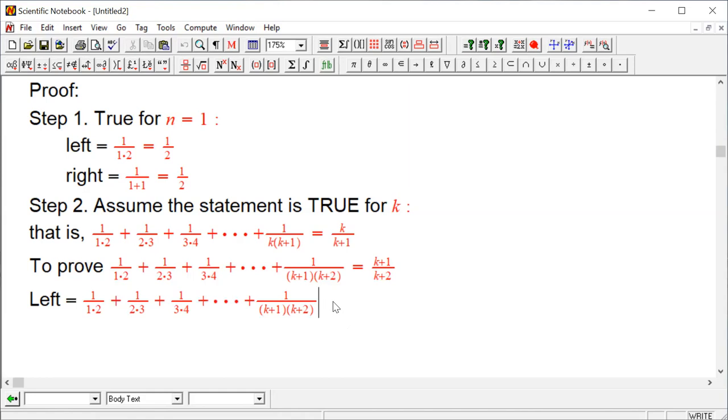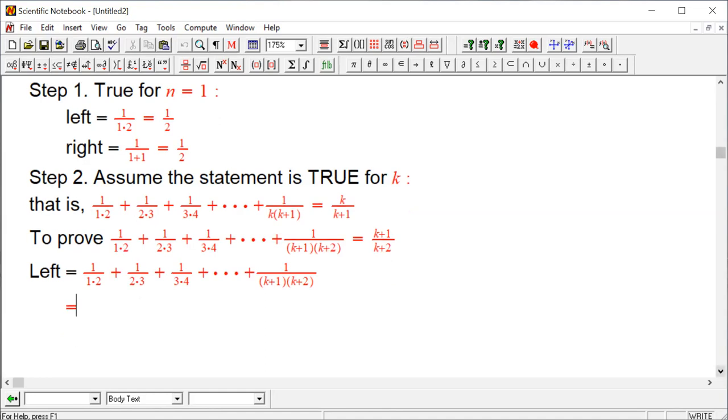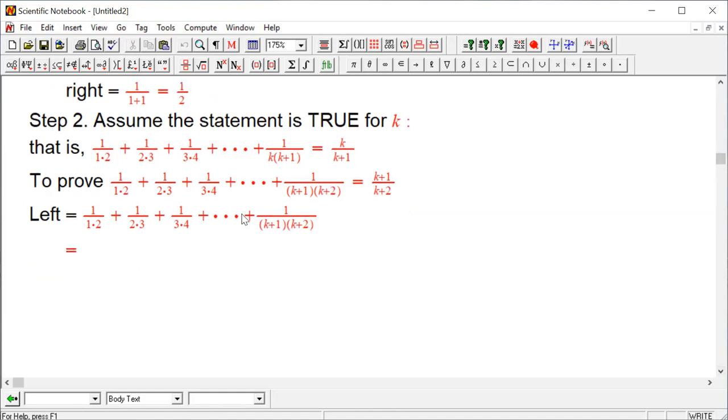Starting from the left-hand side, we'll see if we get to the right-hand side. We want to see how we can apply it. Before the k plus 1 term is a k term, right? The k term should be 1 over k times k plus 1.